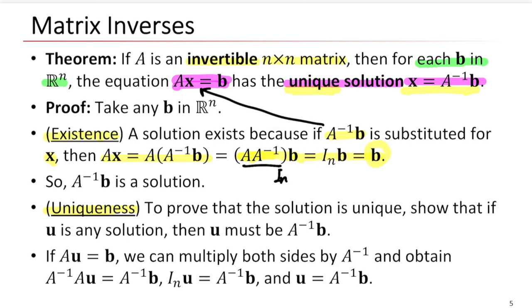So what does it mean? The inverse of A times B is a solution of Ax equals B. This is the proof of existence.